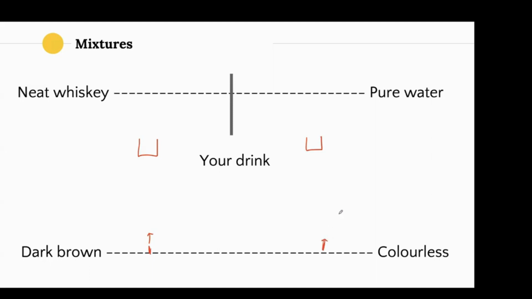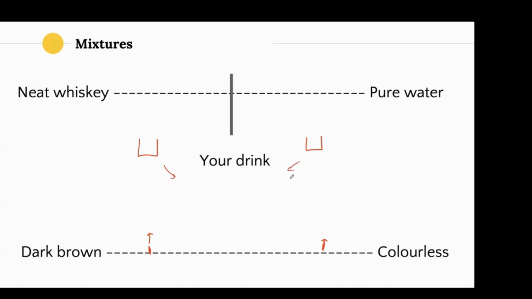I'm not getting into figures yet. No percentages, no figures. But basically, both glasses have whiskey and water. The glass on the left has more whiskey, less water. The glass on the right has more water, less whiskey. And if I mix the two glasses, what kind of color will I get in the result?